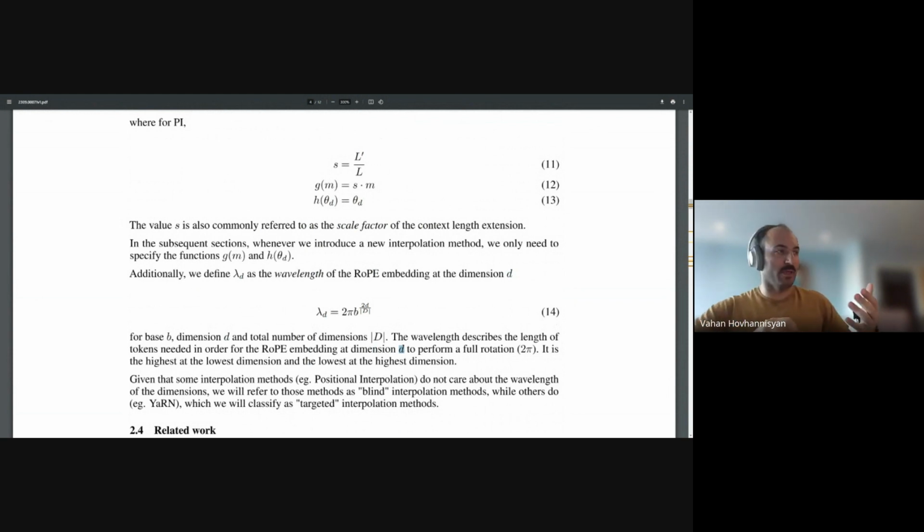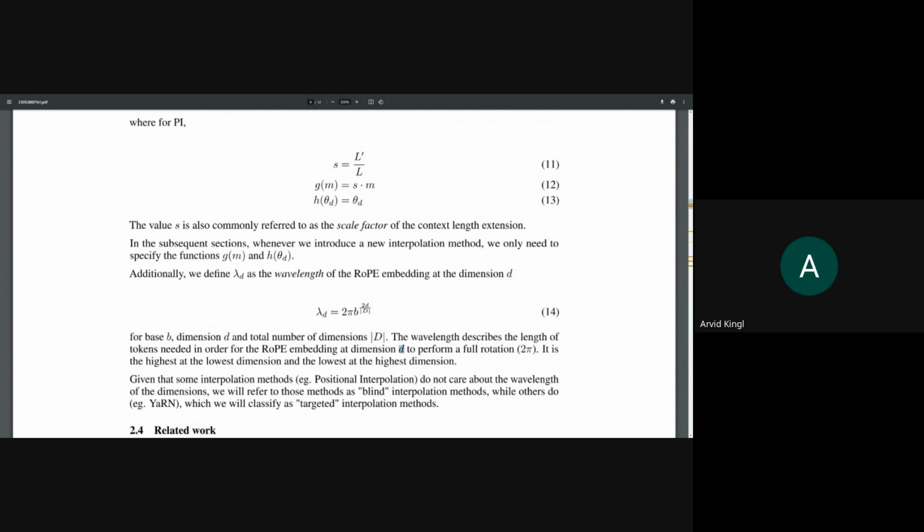So what we do here is change the base for... oh, it's not related. No, because the dimension of the RoPE embedding is just 2, right? That's what I don't understand. Or could that be the context length, which is also a dimension of sorts?